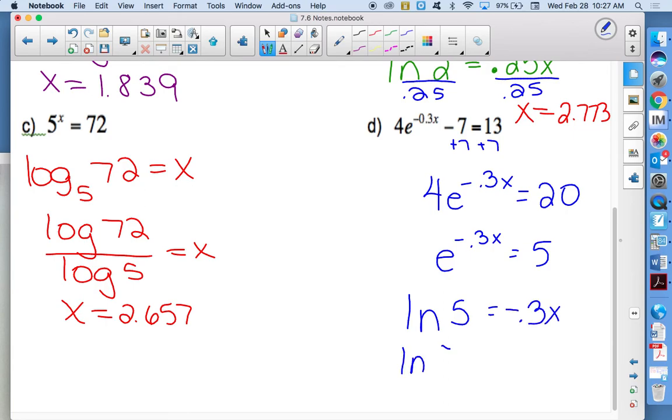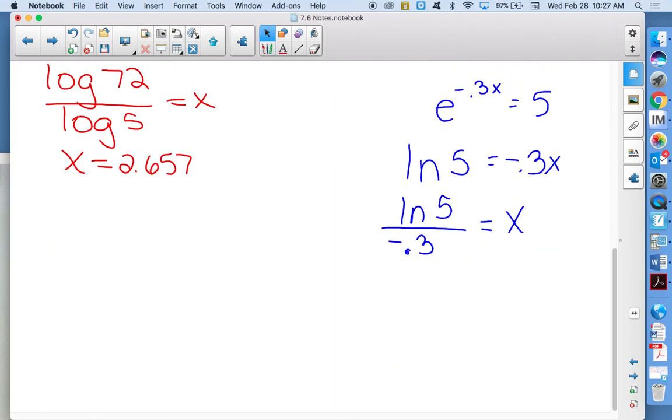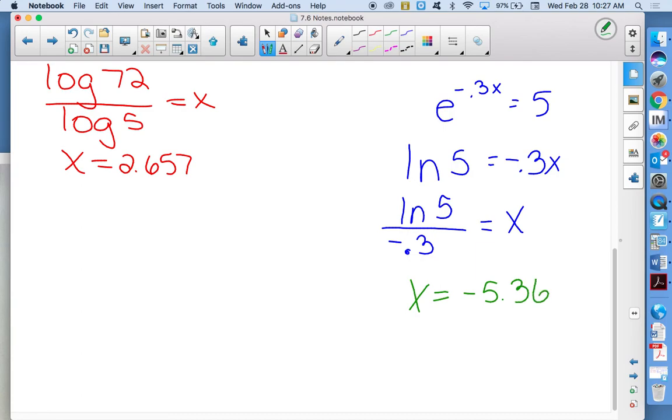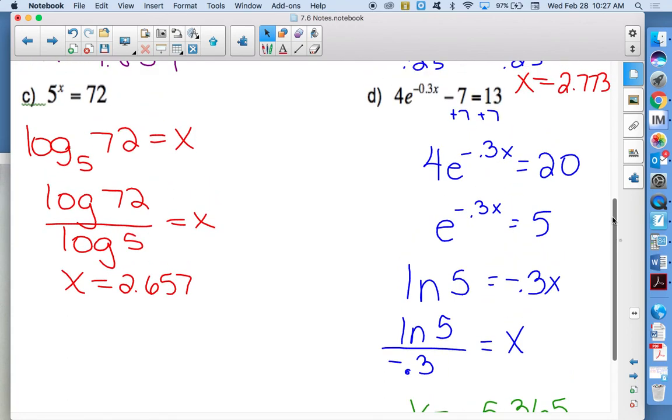So you take the natural log of 5, divide it by negative 0.3, and that should be equal to x. What do you have, Mason? Negative 5.365.